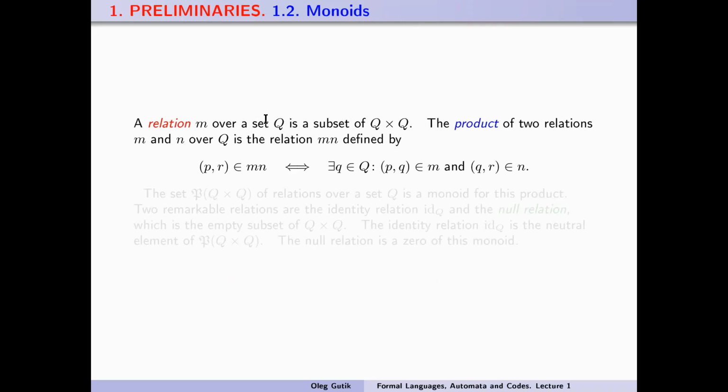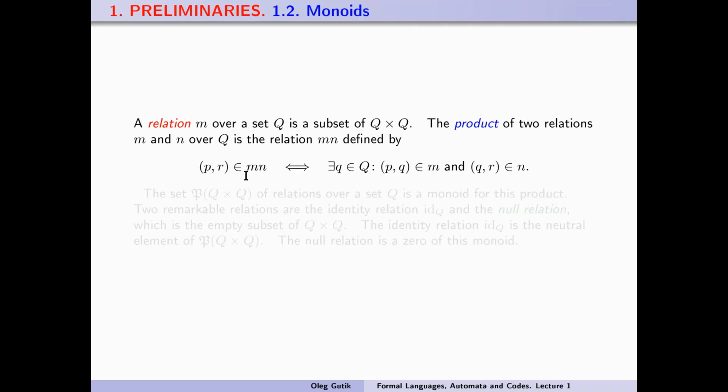A relation over a set Q is a subset of Q times Q. The product of relations M and N over Q, written M times N, is defined in the following way.